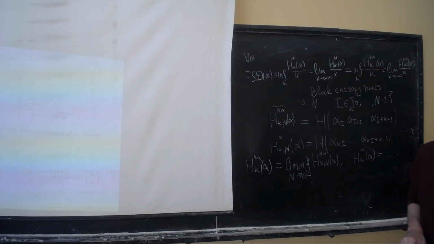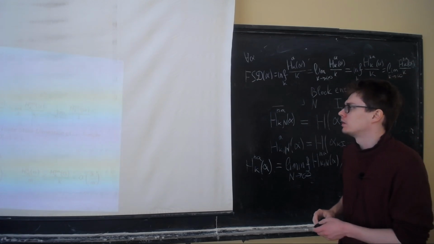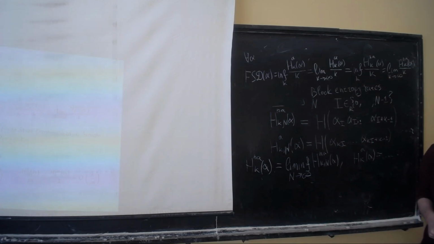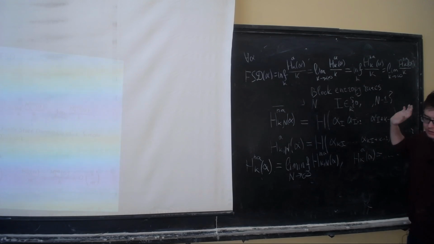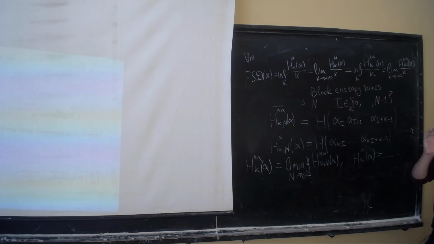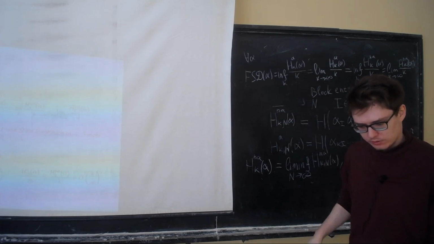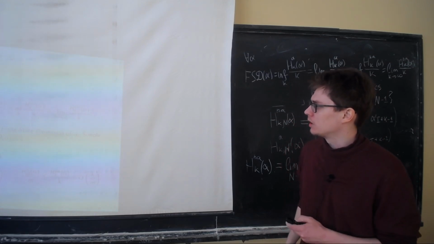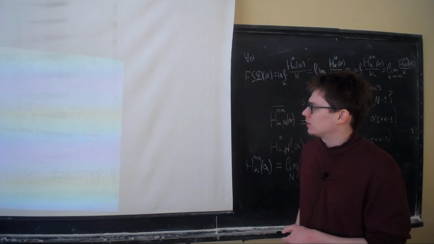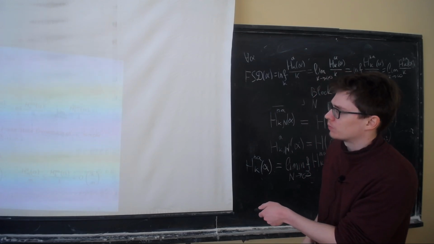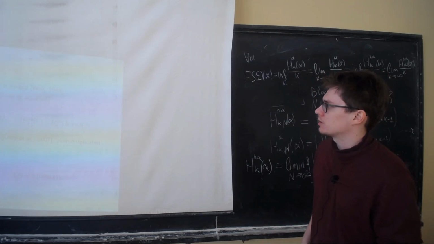Okay, so I will probably now give a second new definition, a second definition of finite state dimension, and maybe I'll return to the proof of this and some additional results later.